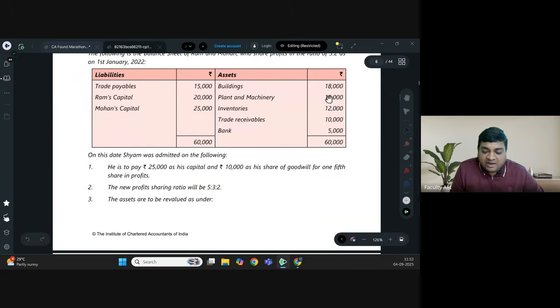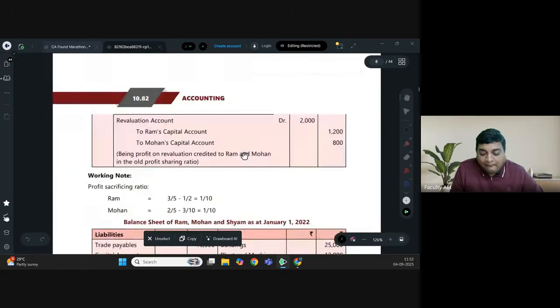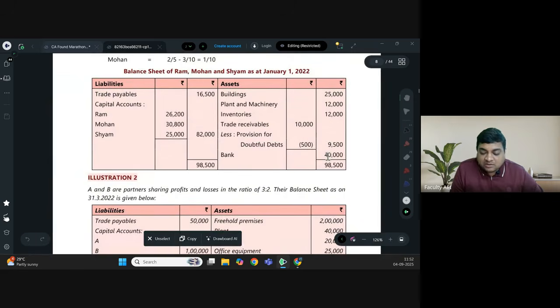This will become 25, this will become 12, this is 12, this is 10,000 minus 500, that is 9,500, and bank will be 40,000. There will be 35,000 addition in bank. See, bank is 40,000, right? So this part is easily done.